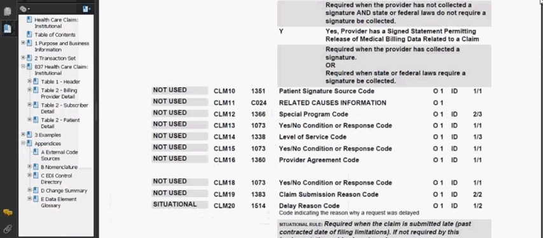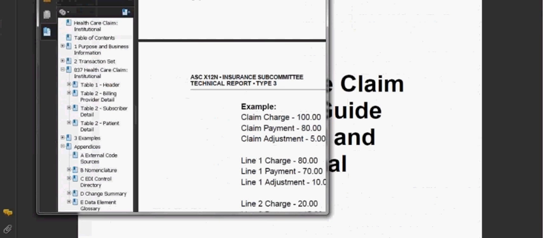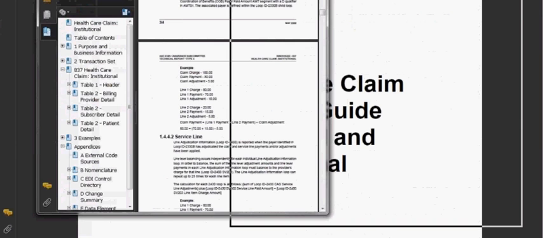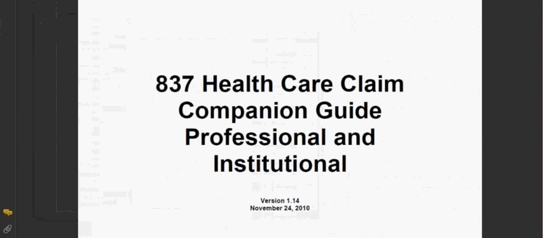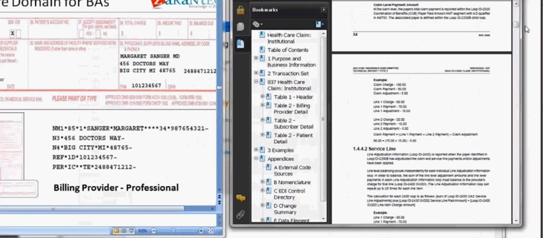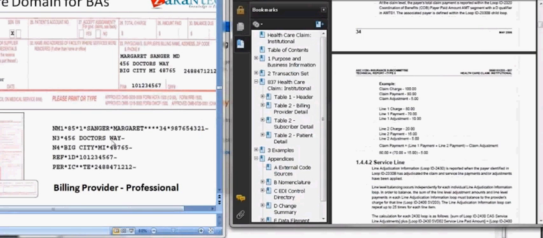All right, so on the right hand side is the TR3 document I have opened. And for example, if you see the billing provider address here, you can go up.